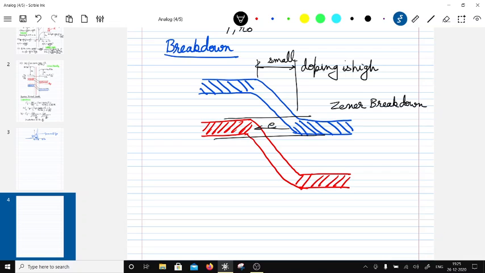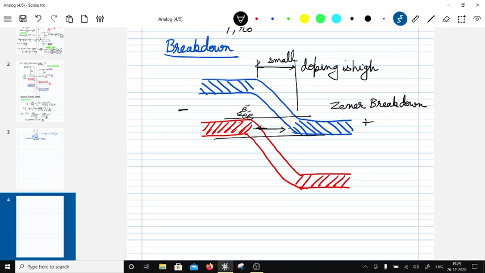So if this side is negative and this side is positive, I'm basically pulling out electrons this way. I did a mistake here, let me correct this. There is a tunneling, so this is a leakage current. There is a tunneling of electrons this way because they are attracted. Now these electrons, if the distance is large, they cannot tunnel through, so in this case they accumulate over here.